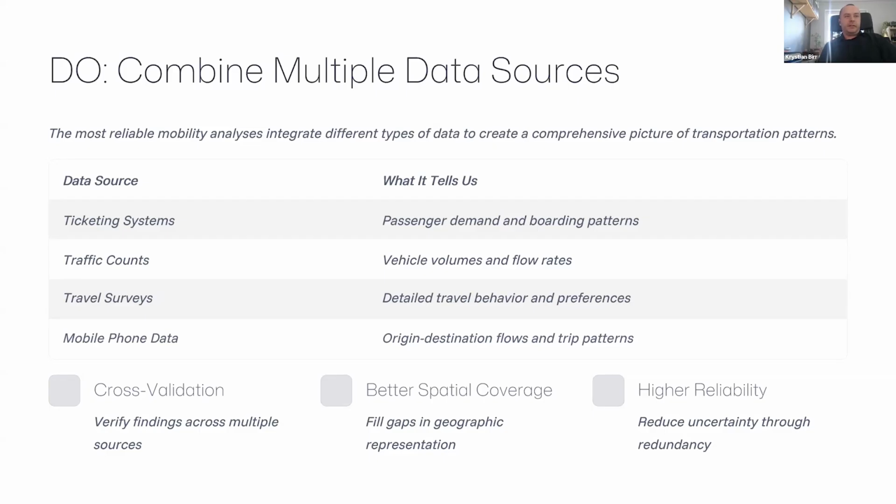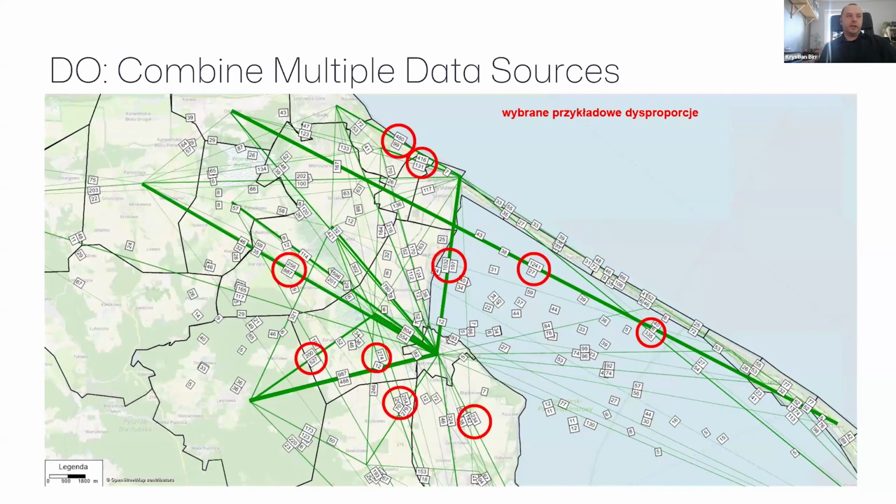On the next slide, I will show you how I do some cross-validation between mobile phone data and traffic counts, because some years ago we bought data from a mobile provider who tried to sell us data with many basic mistakes.